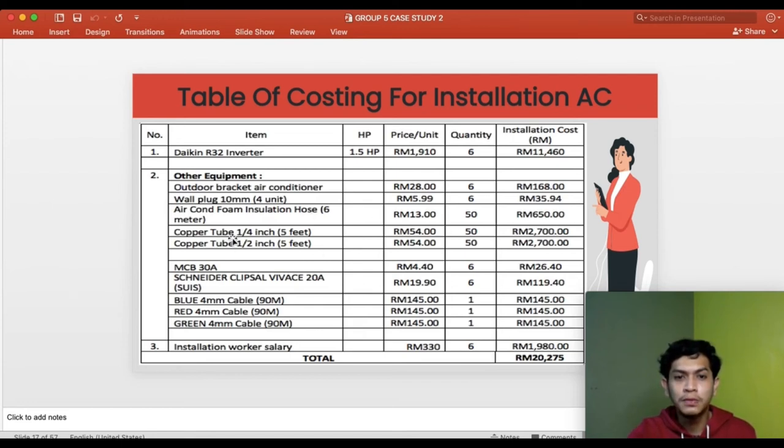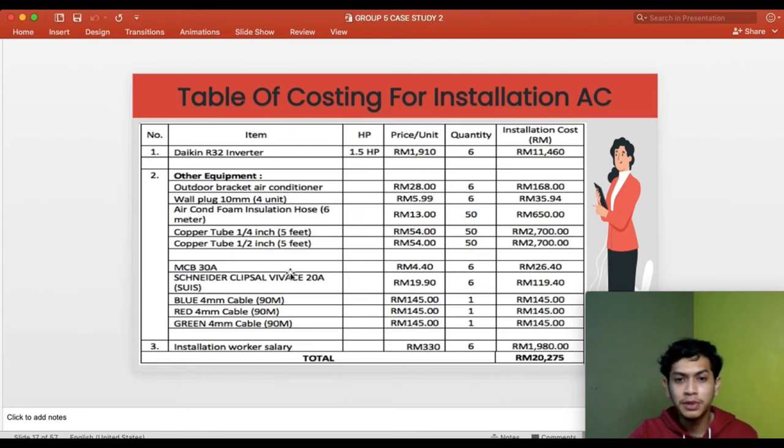The copper tube, like 1/4 inch and 1/2 inch, is for the gas. So the cost of the copper tube is 2,700. Okay, so this is the wiring.